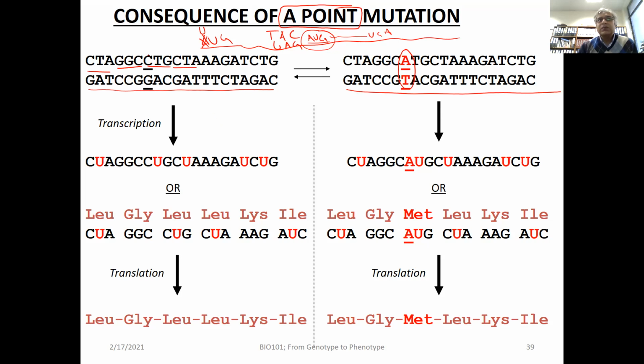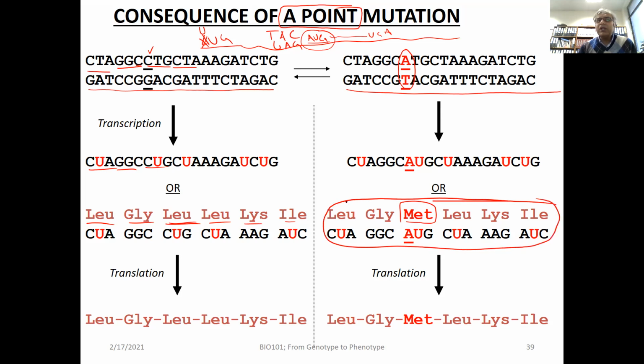So this was C. This C is changed to A, and it has become CAT. Now, if you look at the transcription product of this one, CUAGGC, you go like this. You have leucine, glycine, leucine, lysine, etc. What has happened? Instead of leucine, the new protein is making methionine. This is a different protein now.